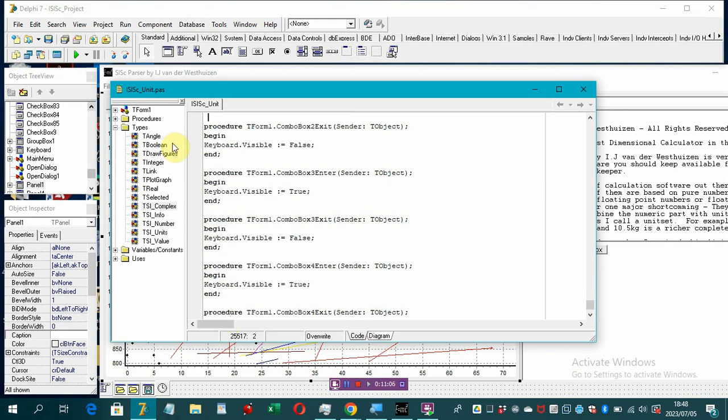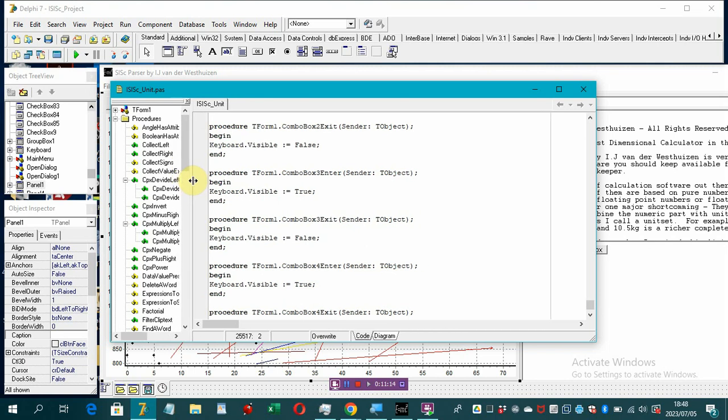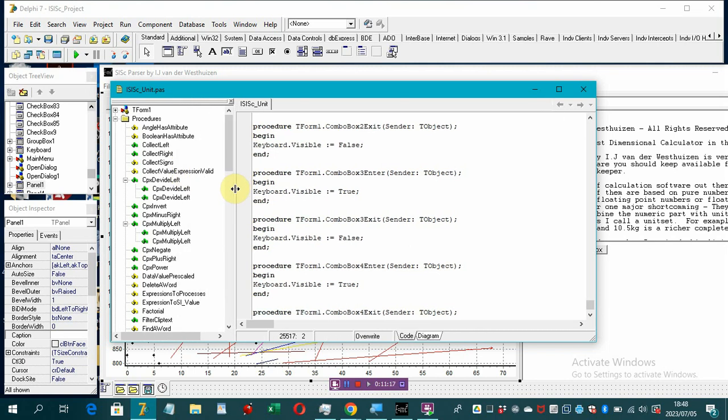Okay, let's go to the procedures. What are important procedures here? Okay, let's look at a few. Okay, let's say we take complex invert or complex divide left. You see, you can choose any one.